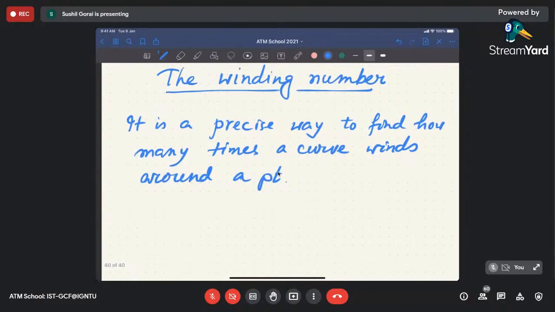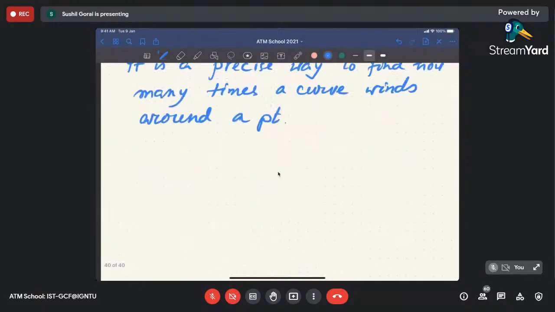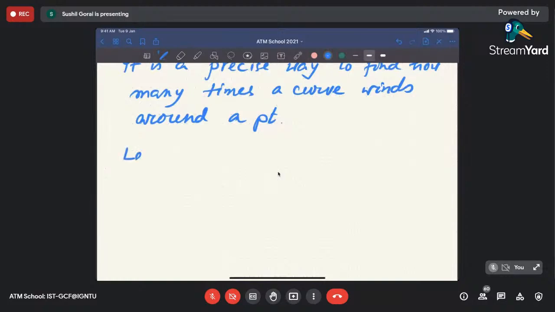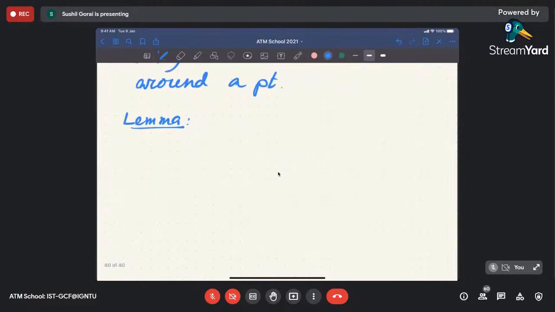Well, before going into defining this one, let's look at a small lemma. So this you already know, I think everybody knows it, but let me state it. I'm not going to prove it, but let me state it.